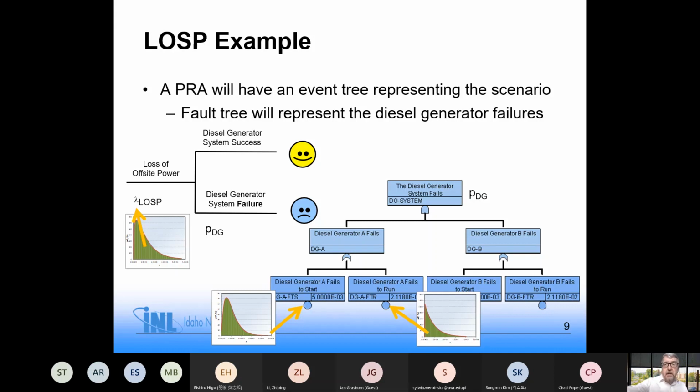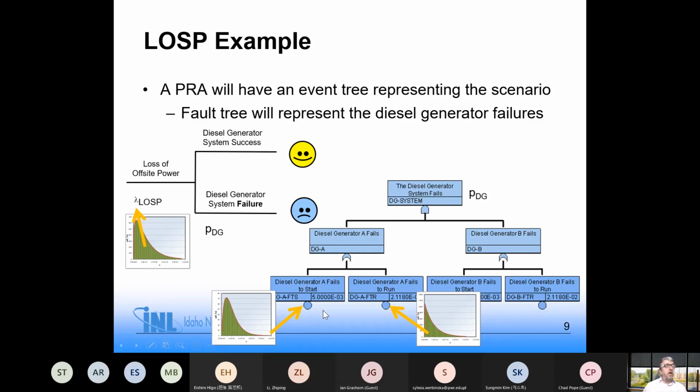Now, what's important for us for this topic is that each of these parameters, whether it be the initiating event, the loss of outside power, or these lower level basic events where I have probabilities, I need to describe them probabilistically. I need to tell you what is my state of knowledge about the parameters.